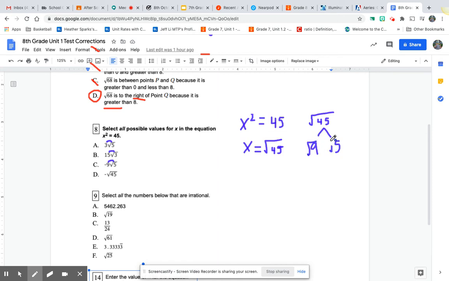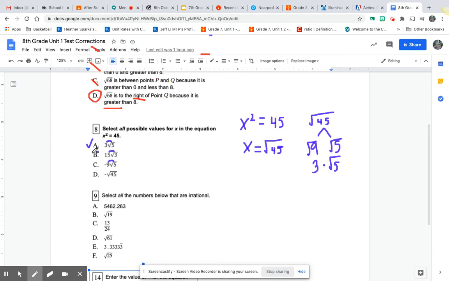So I have the square root of 9 times the square root of 5. Now, 9 is a perfect square, so I can simplify that as 3, or plus or minus 3. And the square root of 5 can't be simplified anymore because it's irrational. Now if I look at my options over on the left-hand side, I could see, okay, this could possibly be 1.